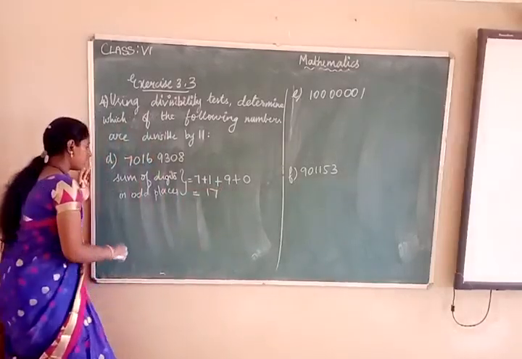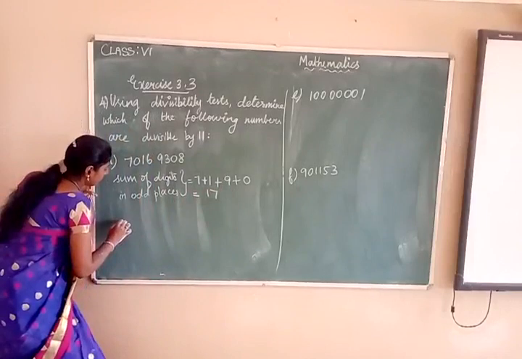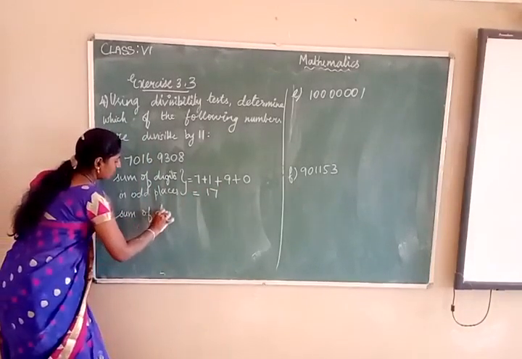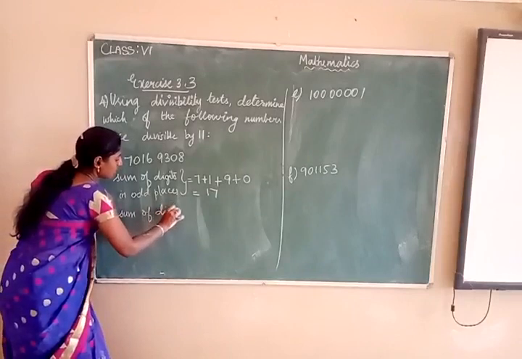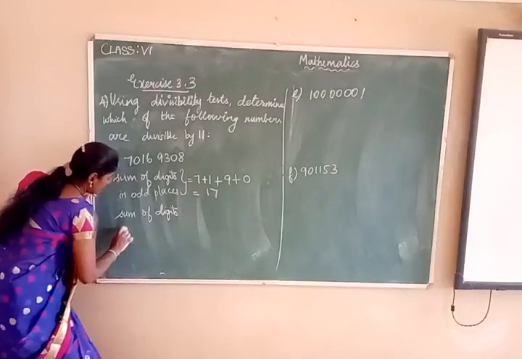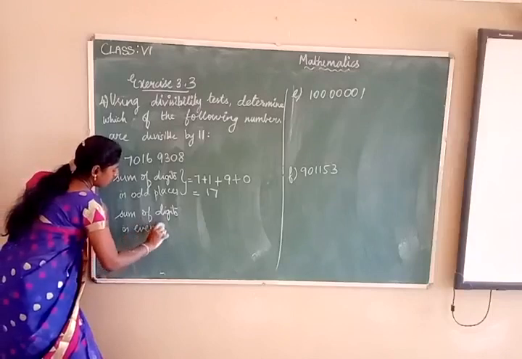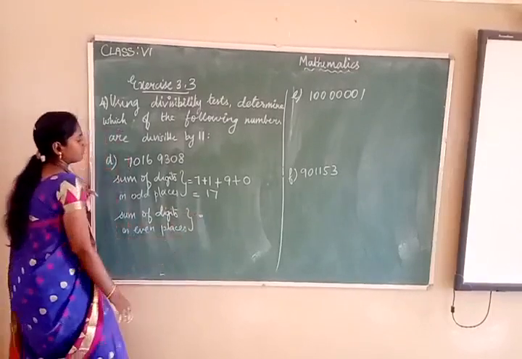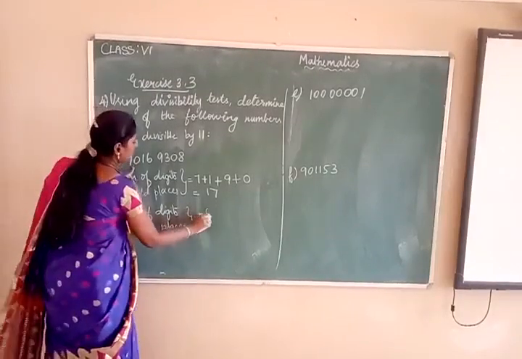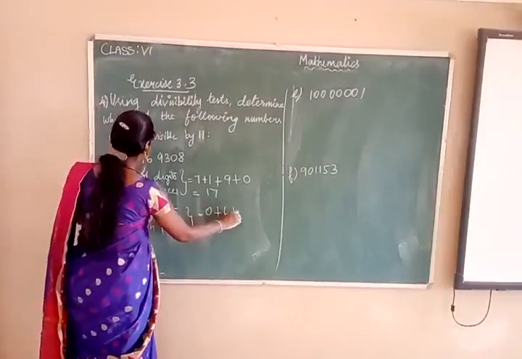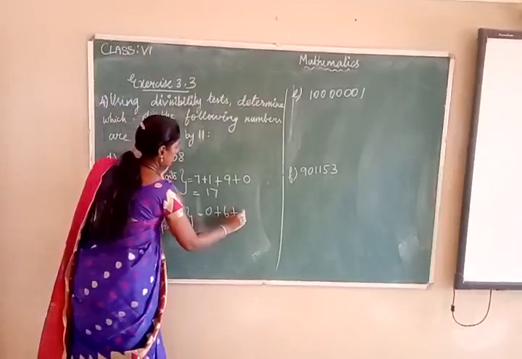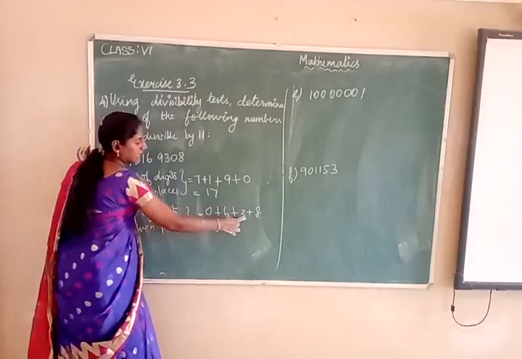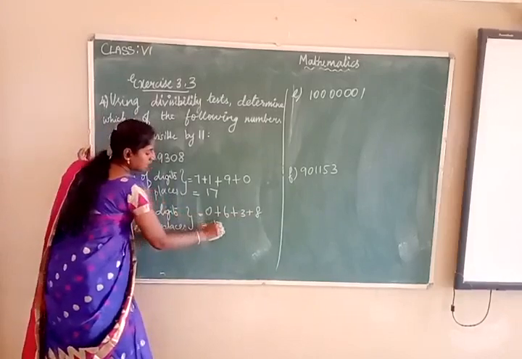Then sum of digits in even places. So what is that? 0 plus 6 plus 3 plus 8. 6 plus 3 is 9 and 9 plus 8 is again 17.